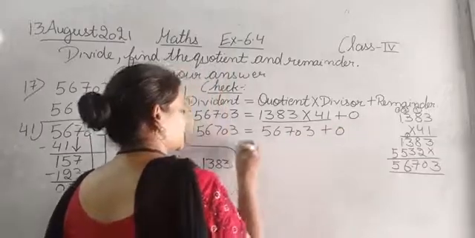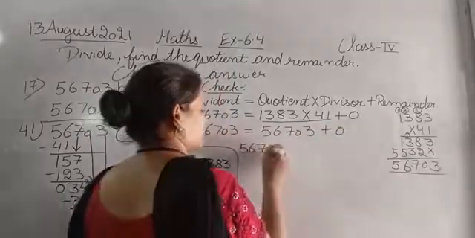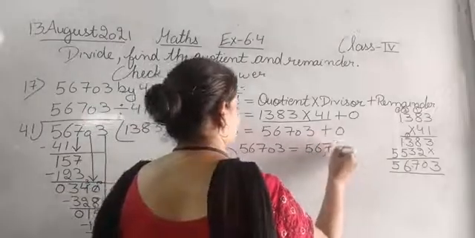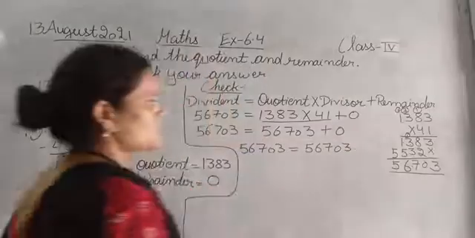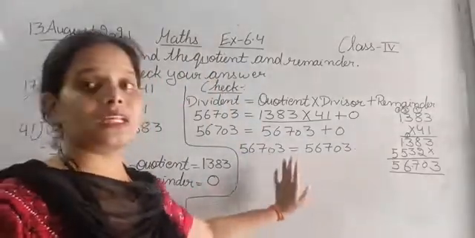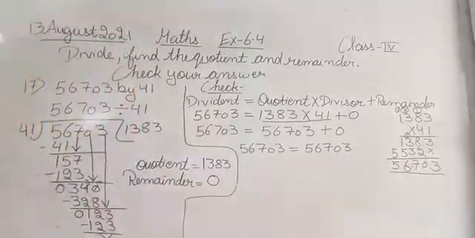When we add 0, it will be as it is, 56,703. So now as you can see, they both are equal.